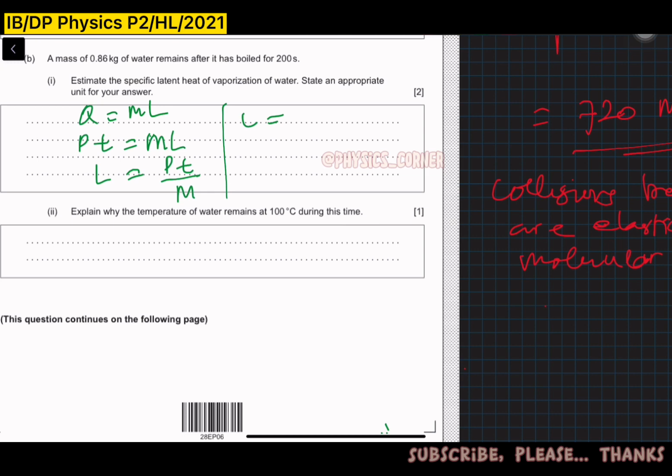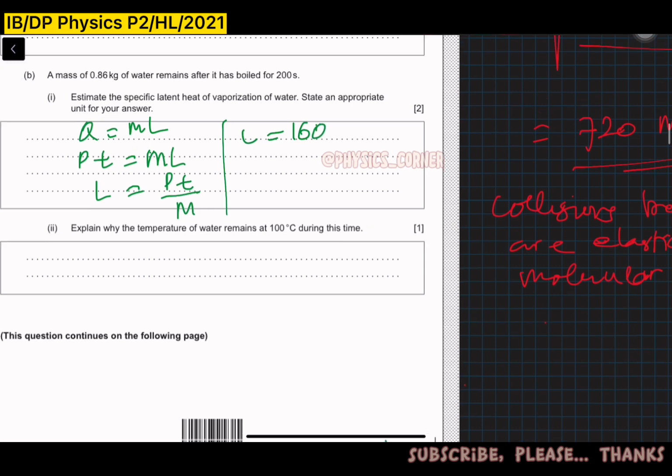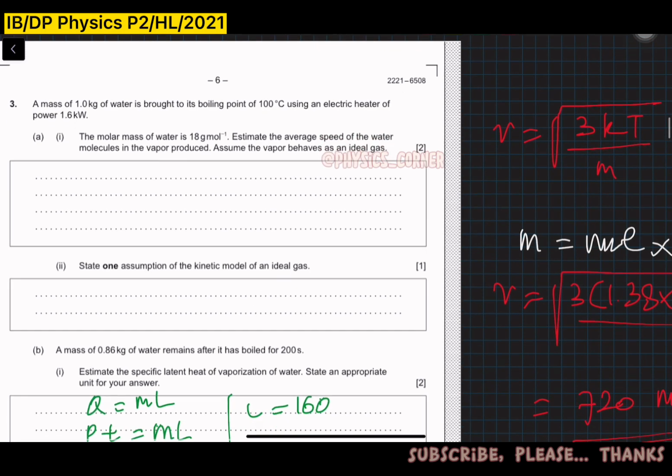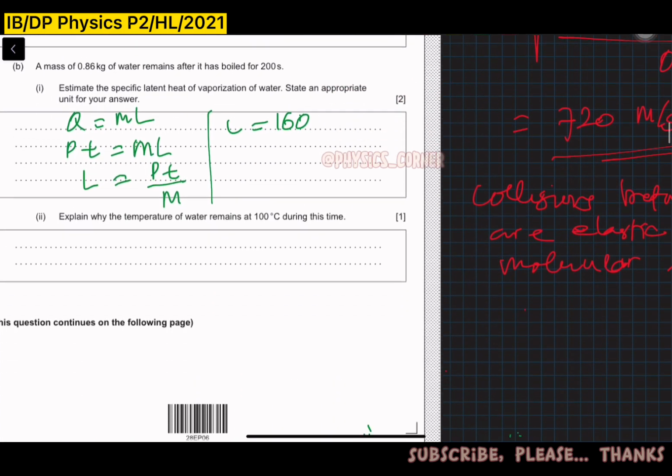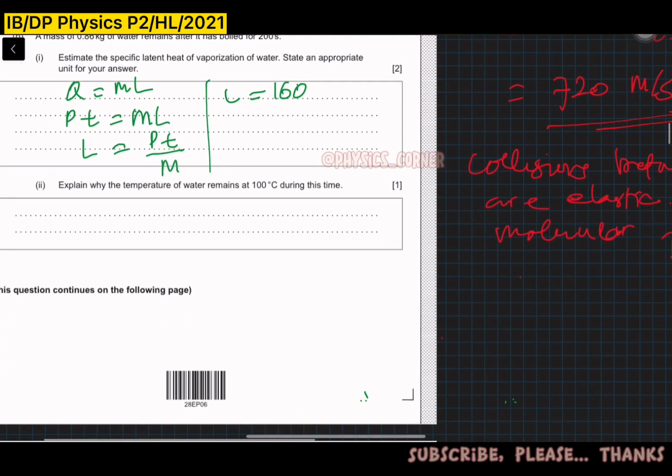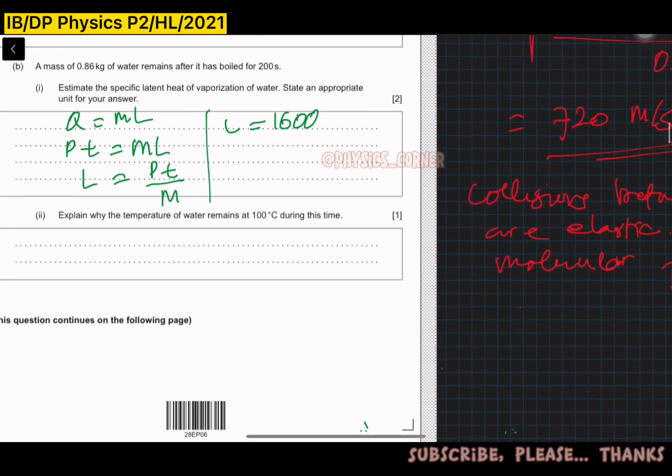We have P is 1.6 kilowatt, or 1600. Is it correct? 1.6, yeah. Times T is 200 seconds, mass is 0.86.